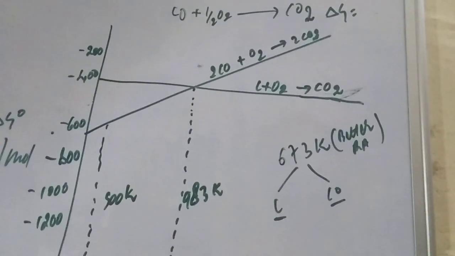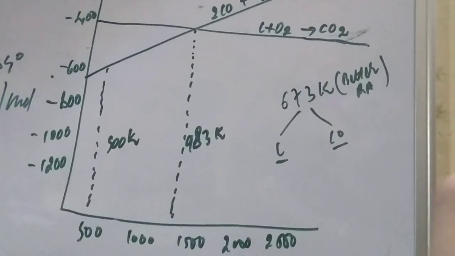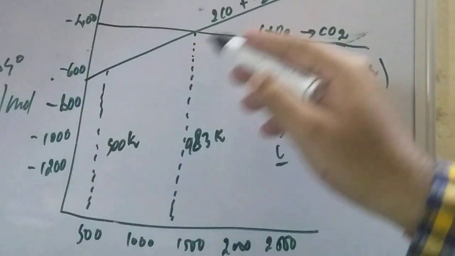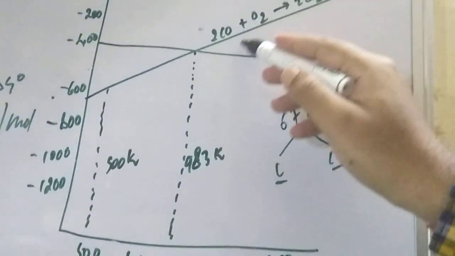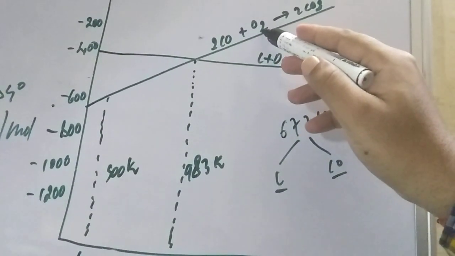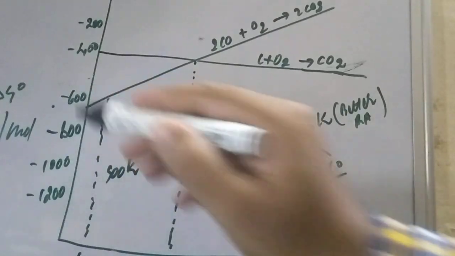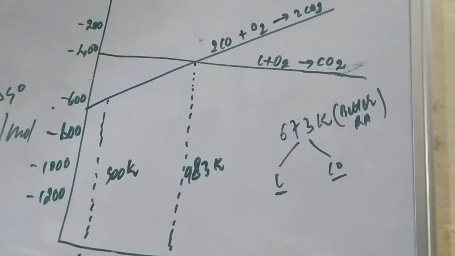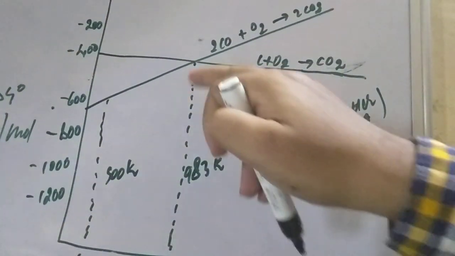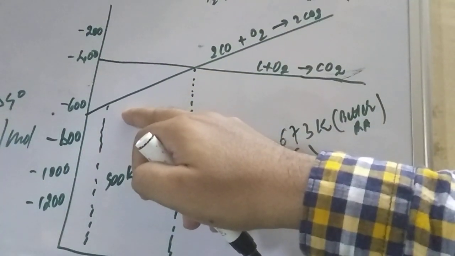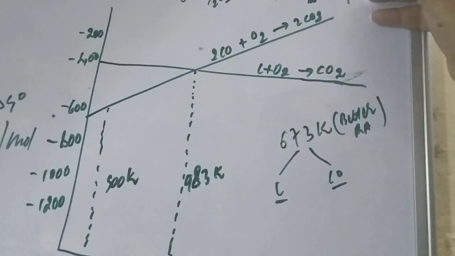So now come to the board, student. Here you see, what is the value? For the delta G value, if we talk about CO plus O2 giving CO2, the delta G value is minus 600. So CO is at minus 600, student.